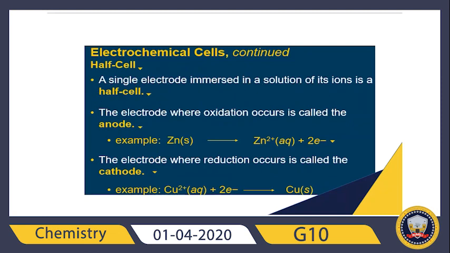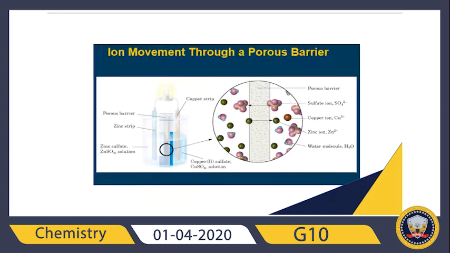A half cell. So guys, remember when we talked about half reactions, at each half cell a half reaction will take place. In one half we will have an oxidation reaction. On the other side, or on the other electrode, we will have what? A reduction reaction.